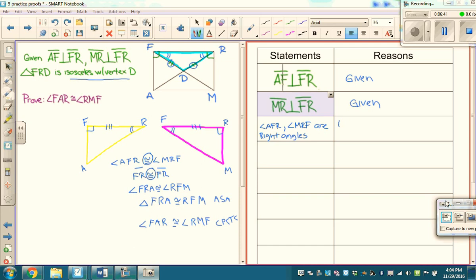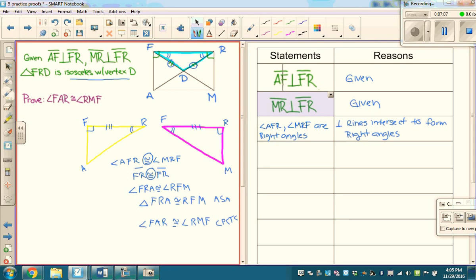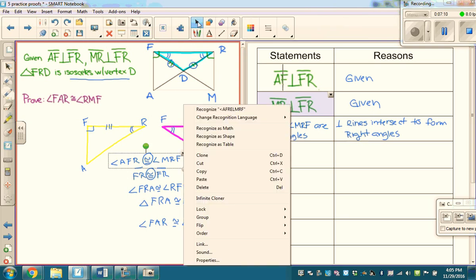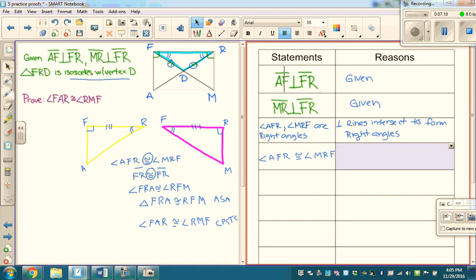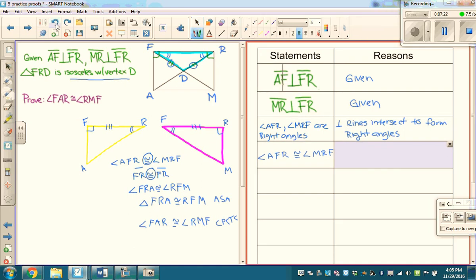And the reason is perpendicular lines intersect to form right angles. And so therefore, I know what we talked about here, that the right angles are congruent. So let's put that in there. And the reason for that is that right angles are congruent.